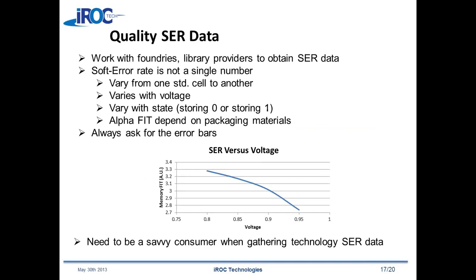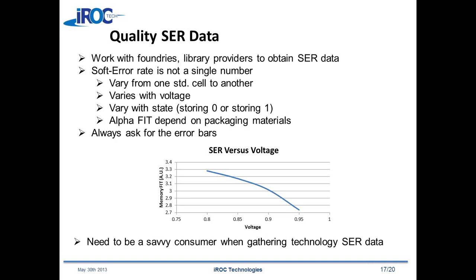So fabless companies need to work with their foundries and their library providers to obtain quality SER data. Now, what makes this challenging is that data isn't a single number. You can't just ask them what's the fit rate for your flip-flop and get a number back and you're done. Fit rates depend on a lot of factors.